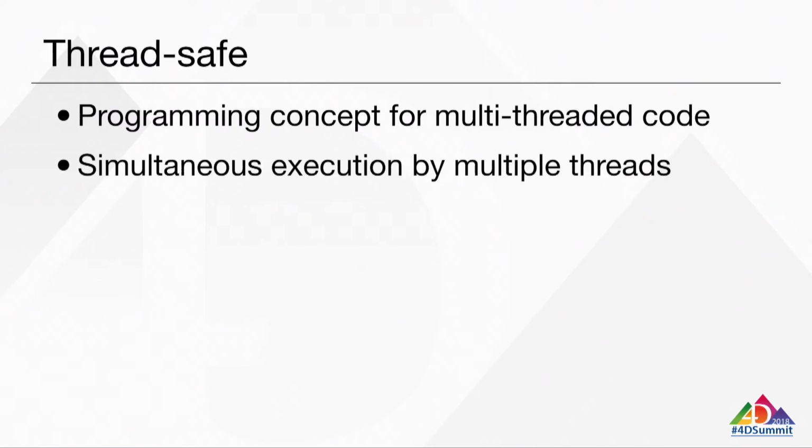It basically implies that if your code is thread safe, your code should be able to run simultaneously by multiple threads, not just one. And it should also be free from any kind of race condition, so it should produce no contention.